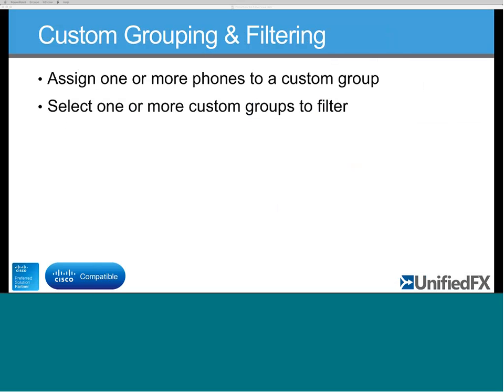So group 1, group 2, building A, building B, those kind of things. It makes no difference. It's all up to your own choice now. And once you have those phones in a group, you can, with one mouse click, filter to them as well, which is obviously really important.